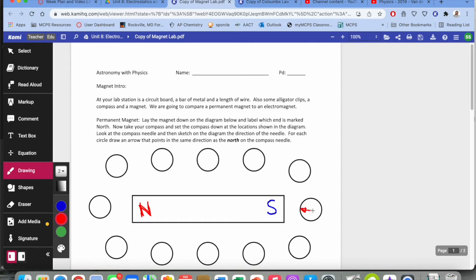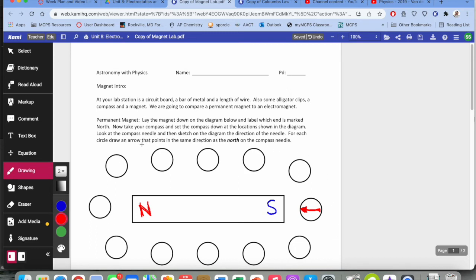Now I can just draw an arrow in this direction and show the magnetic field. If I wanted to get really creative, I could draw an actual compass needle arrow, but this is just great. So we'll just draw a straight line to the left, and there is our first data point, right?